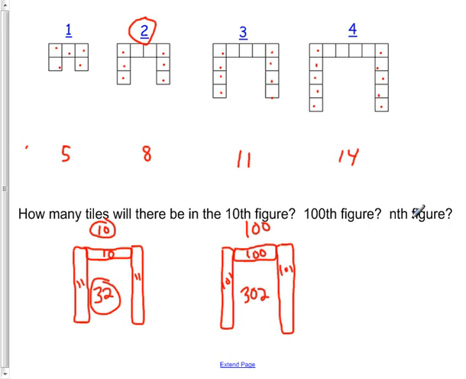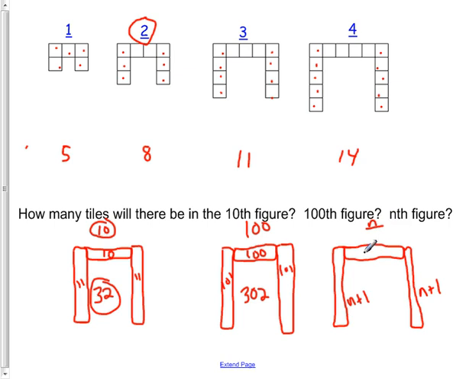Okay, how about the nth figure? So this is going to be, let's see, we'd have 2 towers, and each of these towers, those are supposed to be nice rectangles, each of these are going to be n plus 1 long. And then in between, this is the nth term, this is going to be n long.